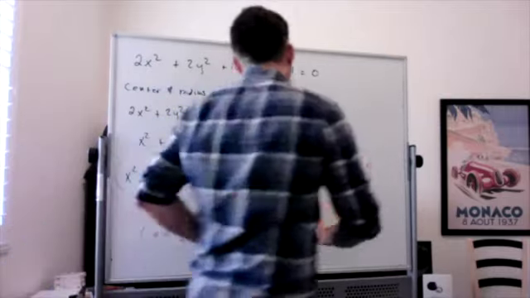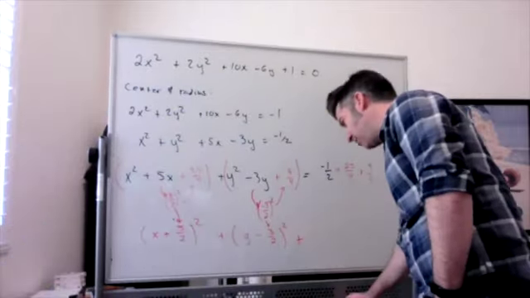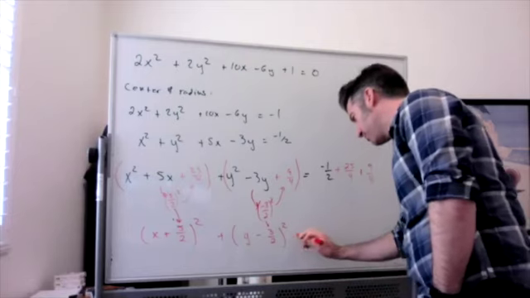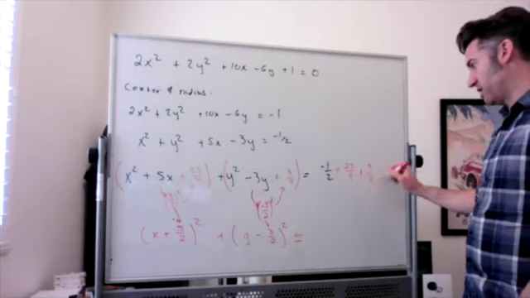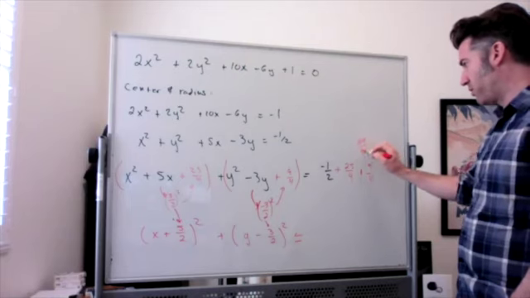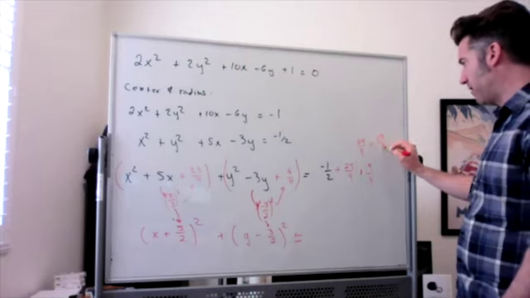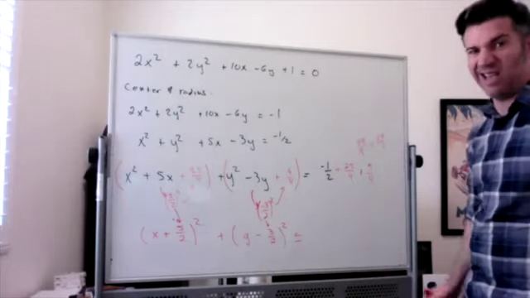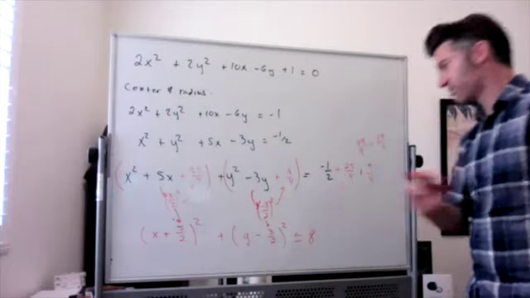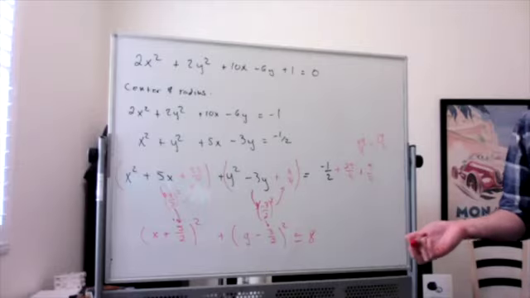And then on the right-hand side, I've got, let's see, 25/4 plus 9/4 is 34/4, which is 17/2, minus 1/2 is 16/2, which is 8. And now we've written this in a way where we can see all the things.